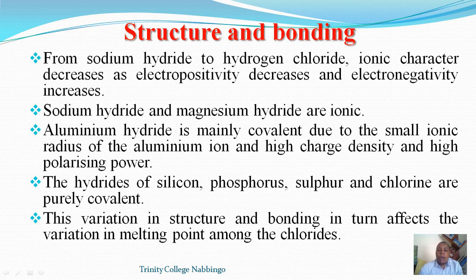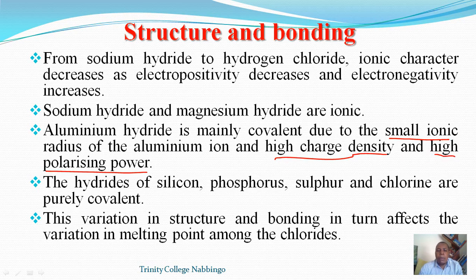So for that reason, sodium hydride and magnesium hydride are ionic. Aluminium hydride is expected to be ionic, but it's not. It's mainly covalent. Why? Because everything arises from the behavior of the aluminium cation. It has a small ionic radius and a big charge. Having a small ionic radius and a big charge gives it a high charge density, which results in a very high polarizing power.